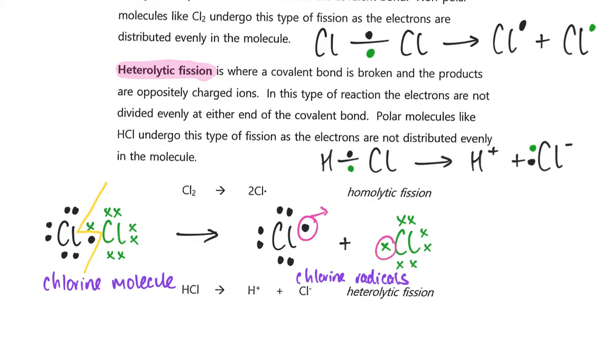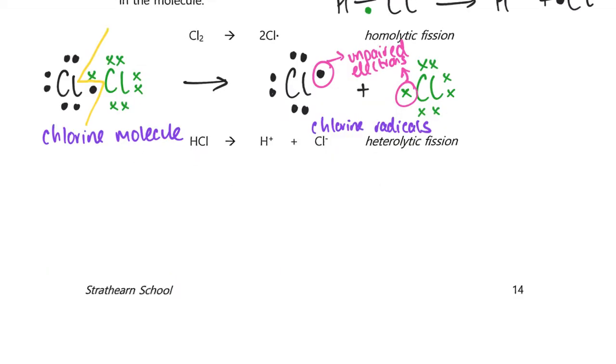Each of them has one unpaired electron, and that's what makes them what we call radicals, and that makes them really unstable and really reactive. So these unpaired electrons make the atoms particularly reactive. Homolytic fission of a covalent bond is the equal splitting of that covalent bond, so that each of the atoms that originally shared a pair of electrons each leave with one electron, and that electron is unpaired.